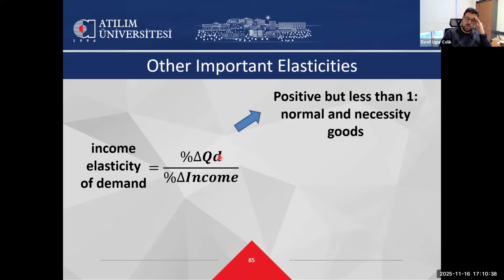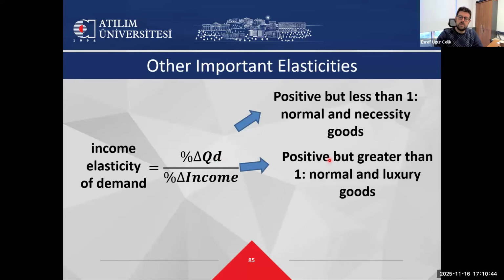If the answer is positive but less than 1, that is called normal and necessity goods. If the answer is positive and greater than 1, normal and luxury. If the answer is negative, this time inferior. Okay, you have to memorize that part.